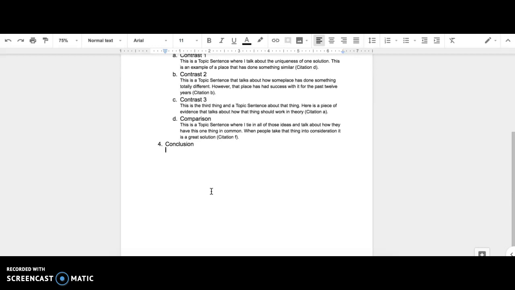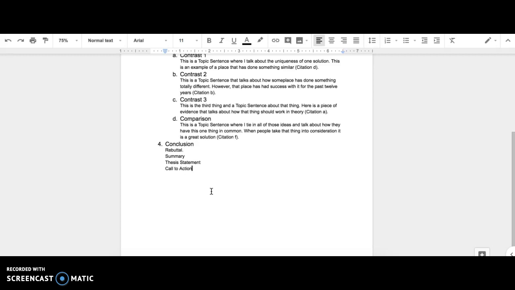So first part of our conclusion, if we're going to include it, should always be the rebuttal. Right? This is where you introduce and refute opposing viewpoints that anybody might have any problems with. Then we would put in our summary, our restatement of our thesis statement, and finally our call to action.